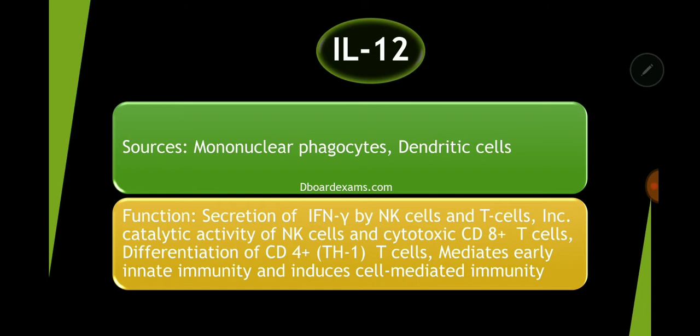Interleukin 12: the source is mononuclear phagocytes such as monocytes and dendritic cells. The function of interleukin 12 is to stimulate secretion of interferon gamma. IFN is interferon, and interferon gamma is produced by natural killer cells and T cells.